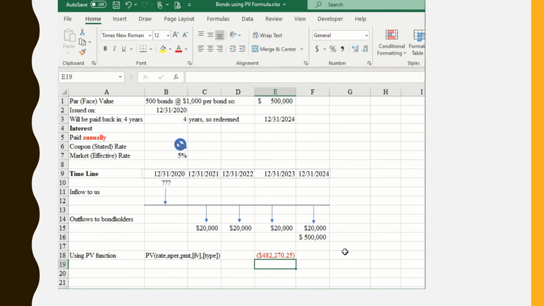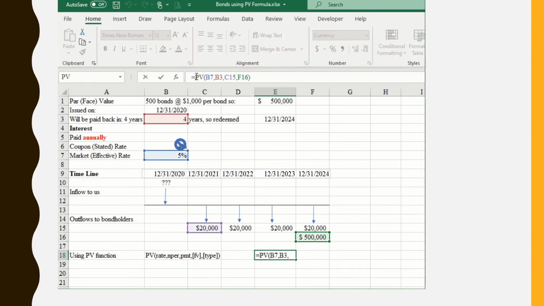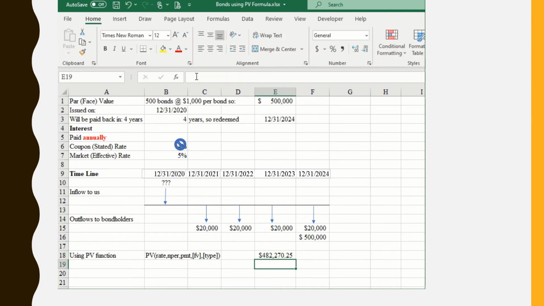So the answer is $482,270.25. It always comes out negative. I don't know why, but if you don't like that, make it a positive by putting a minus sign in between. All right. So that's the fastest way to do it.